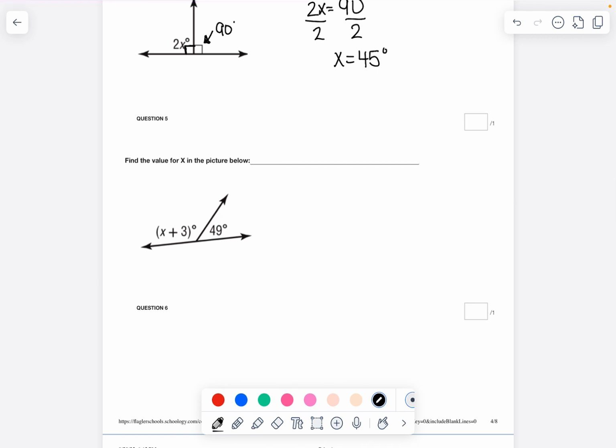Okay, so for question 5, we have a straight line. Two angles together equal that straight line. So I'm going to have to add them together to equal 180 degrees. 3 plus 49 gives me 52.